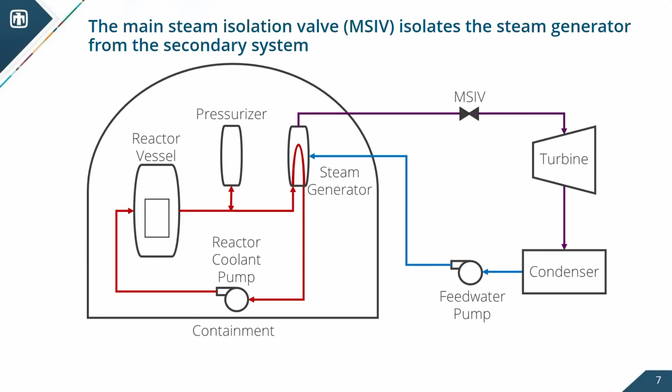What you're seeing here are 3 thermodynamic loops. The red is the primary loop, which transports the decay heat, the heat from fission, from the reactor vessel and conducts it to the steam generator, which provides the heat source for the secondary loop, which is in purple.